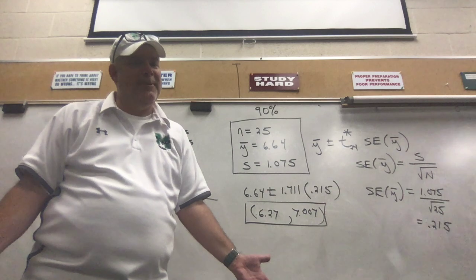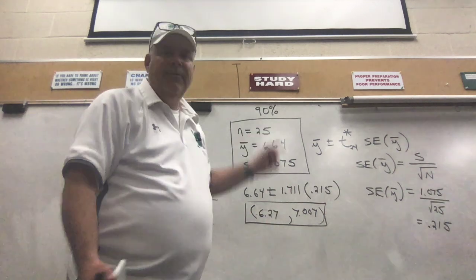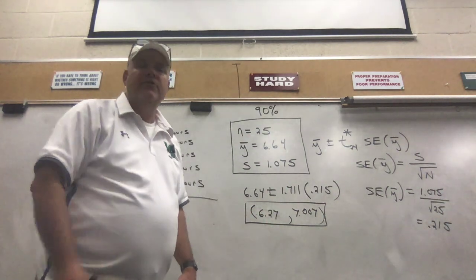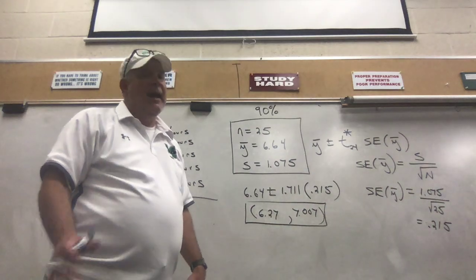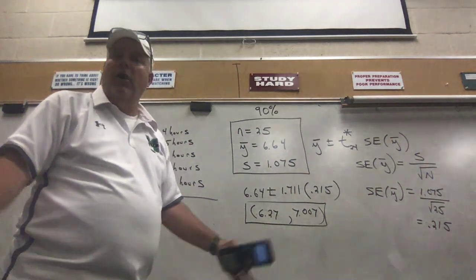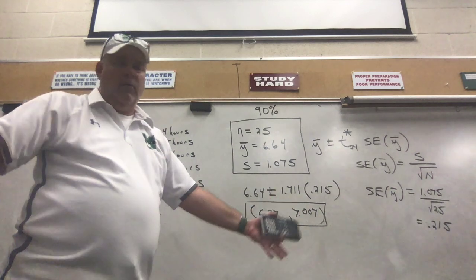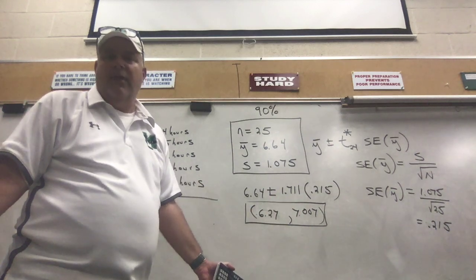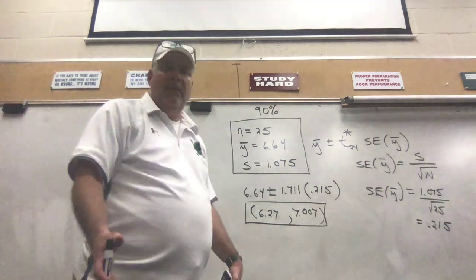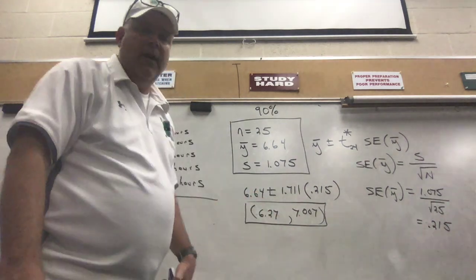My population of interest is only this local college where they got the data. I cannot make a conclusion about college students in general. I would have to get my sample from a random selection of all college students in the United States before I can make inference about all college students in the United States.